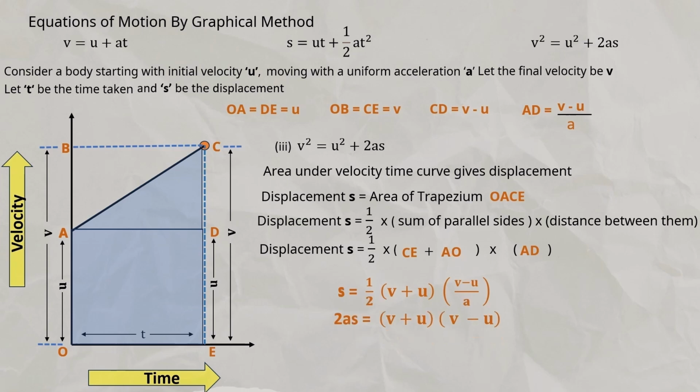Now (v plus u) into (v minus u) reminds us of the formula (a plus b) into (a minus b), which gives us a² minus b². Using the formula, we can write it as v² minus u². So we will get 2as is equal to v² minus u². Now by rearranging it, we can easily write v² = u² + 2as. This is our final equation.